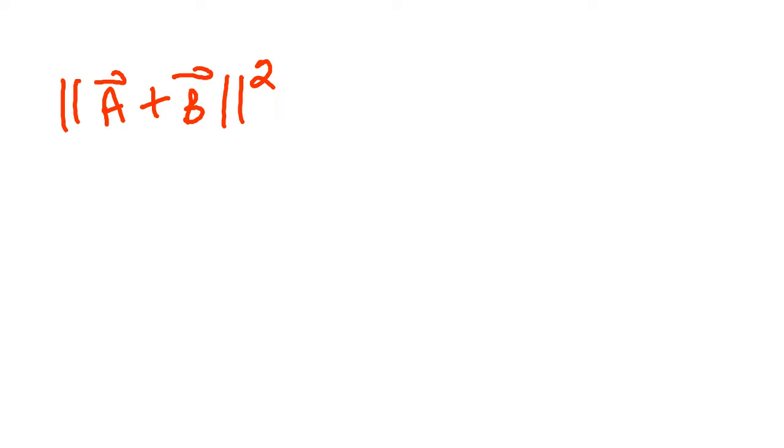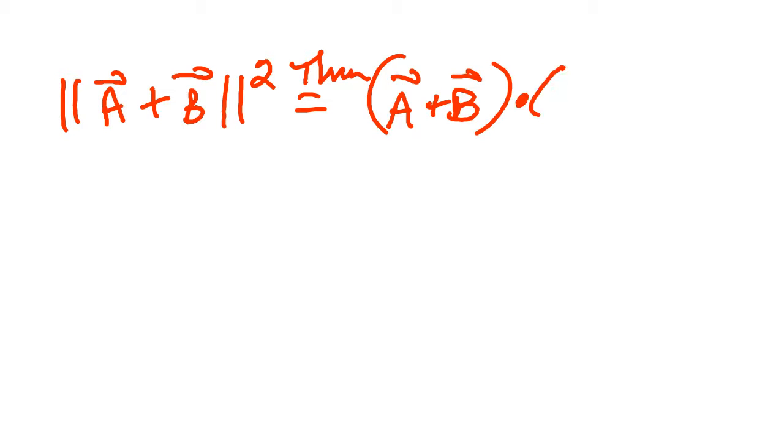So the left side is the norm of a vector plus b vector quantity squared. By the theorem that we had, that's going to be a vector plus b vector dot a vector plus b vector, right? So that's how I use that theorem. The norm of a vector squared is a vector dot a vector. So the norm of this thing, a vector plus b vector, you could call that c vector, if they're in the same space, would be c vector dot c vector.